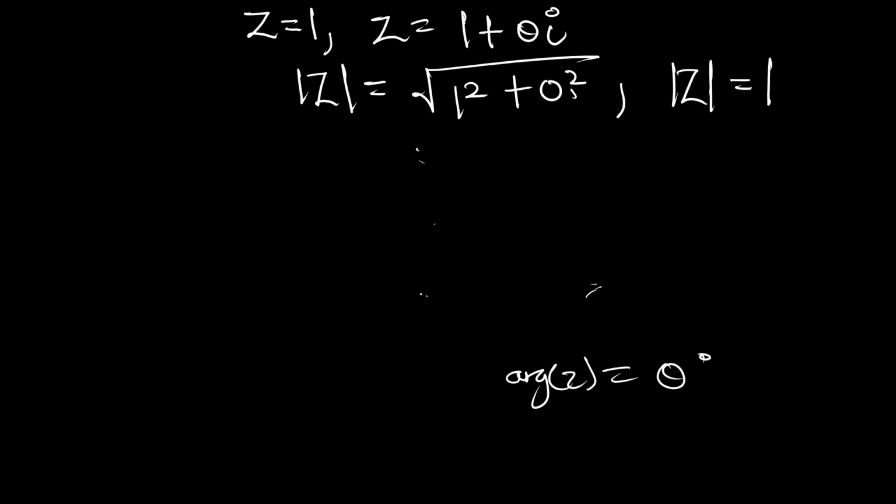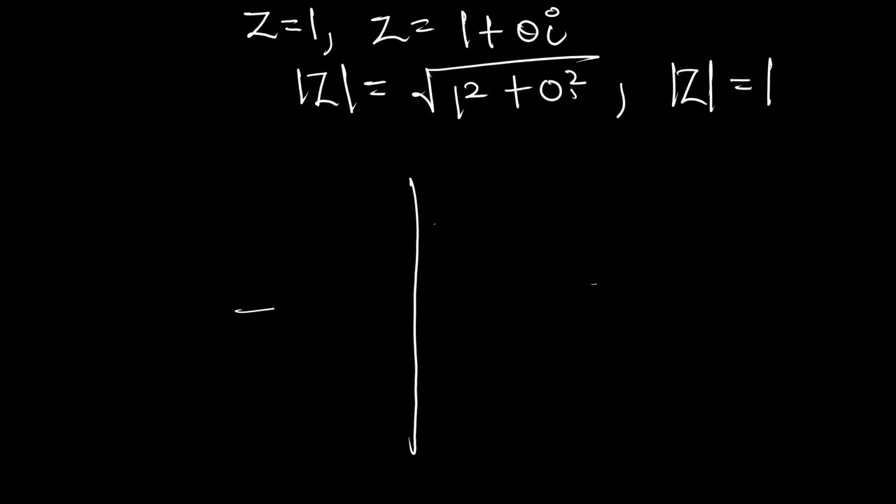Let me draw the argand diagram again. This is the real axis. And the real part is 1. And the imaginary part is 0. So this is the imaginary part. So here 1, 0. This is where the plot is going to be. And if I join from the origin to where the plot is, it will pass through the line of the real part, or the positive real axis.